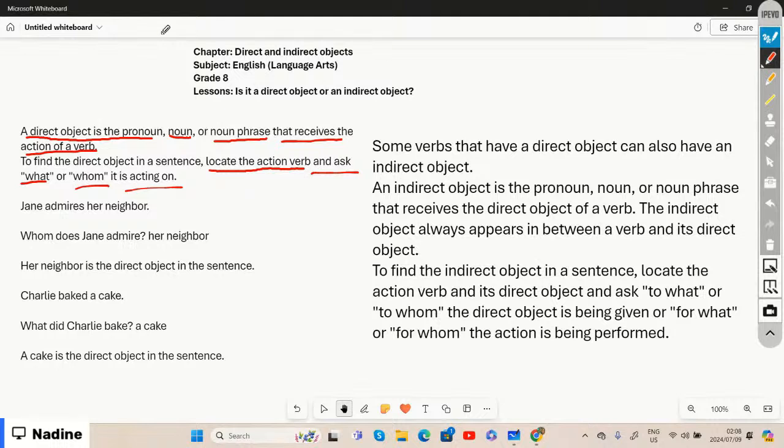If we look at an example of a direct object, it says: Jane admires her neighbor.